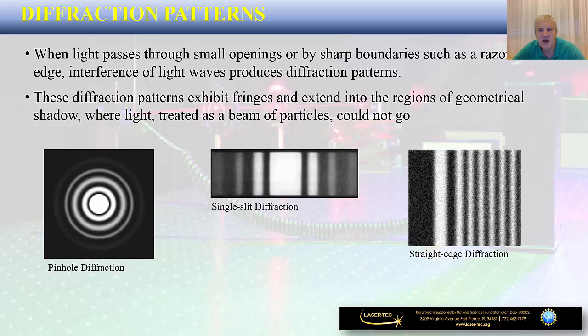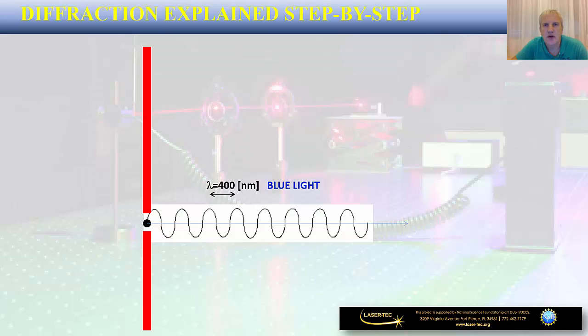We may have single slit diffraction, or diffraction created through a straight edge. So if the light hits an edge that's very sharp, it's going to create also a type of diffraction. All in all, diffraction is another phenomenon that relates to the wave behavior of light, and it's specific to the interaction of light with small dimensions such as openings, sharp boundaries or edges, etc. On a few slides that follow, we are going to go step by step to explain the diffraction.